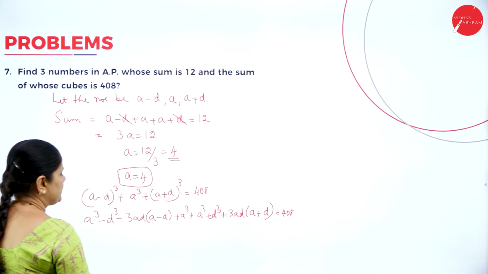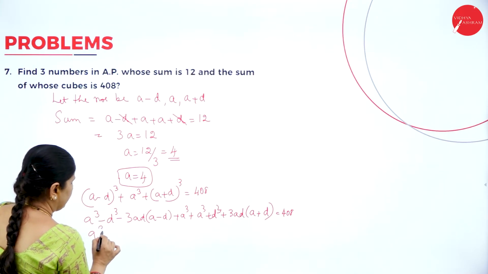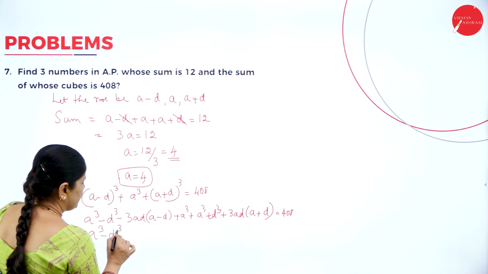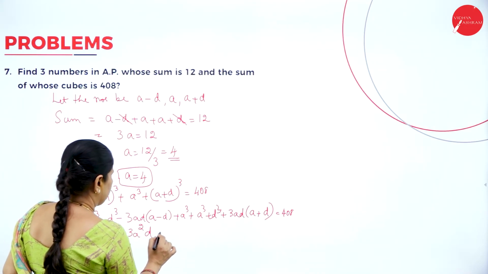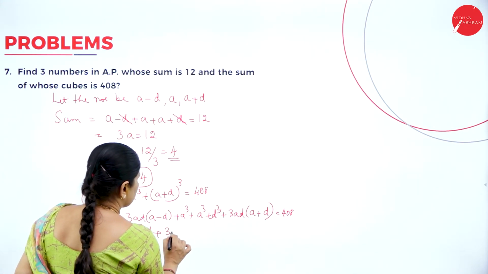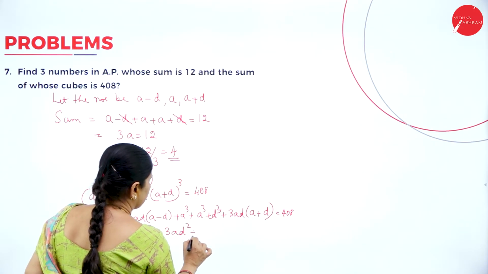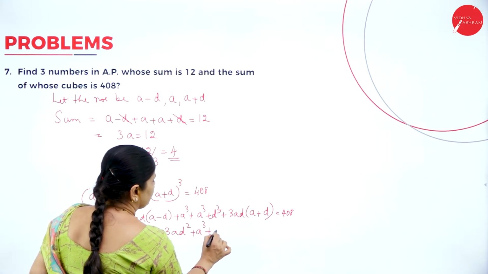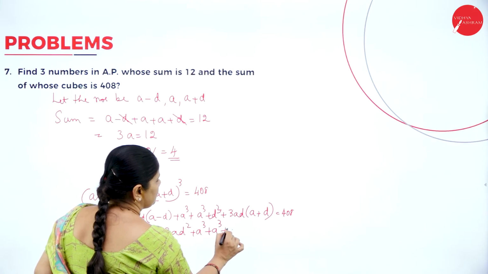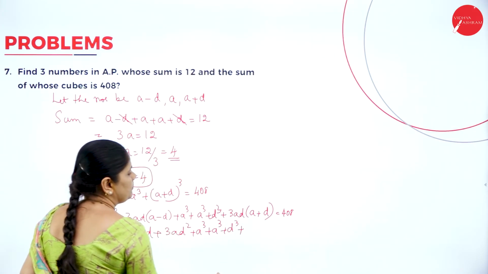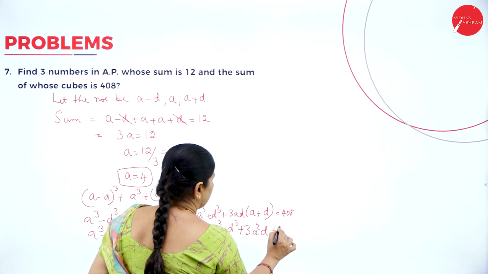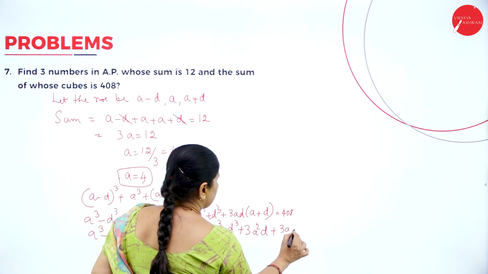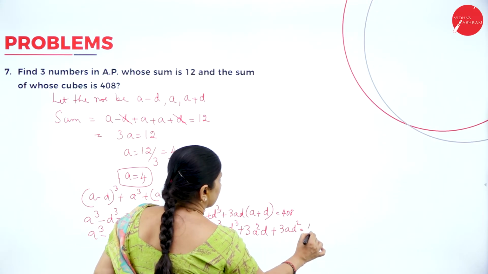So, when I simplify this, I get A cube minus D cube minus 3A square D plus 3AD square plus A cube plus A cube plus D cube plus 3A square D plus 3AD square equals 408.